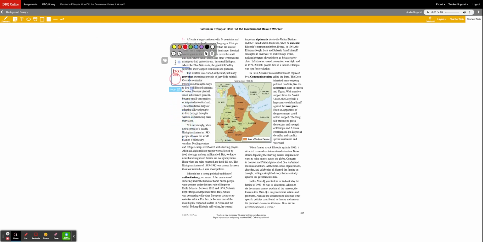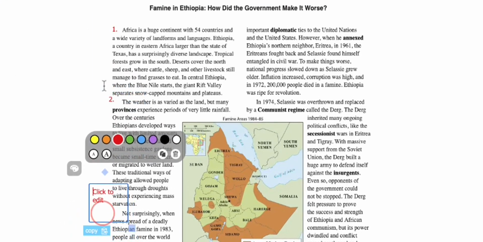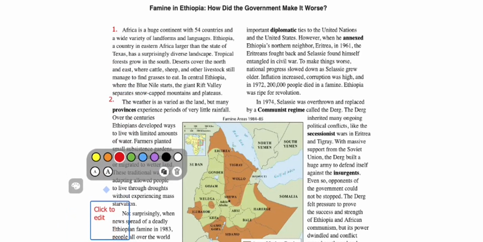Then we have paragraph 2. And paragraph 3.